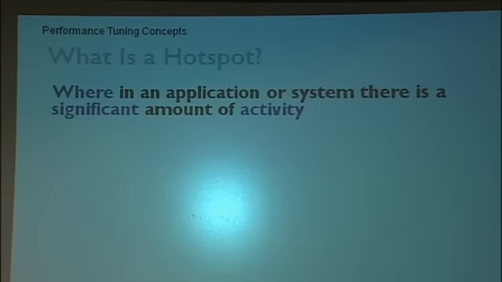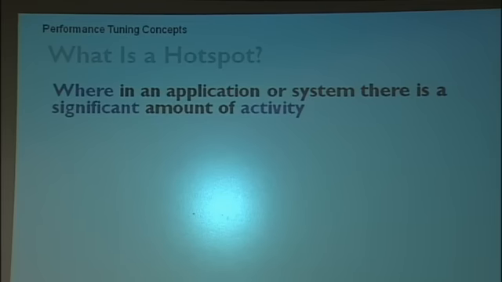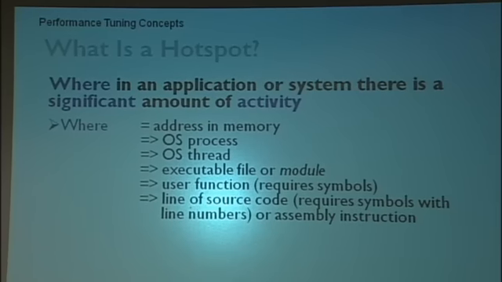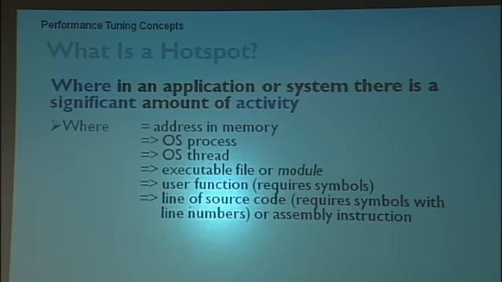Profiling is mainly to find where in an application or a system there's a significant amount of activity. And when there's a significant amount of activity, you want to know whether that activity can be avoided or whether there's a problem in there. So there are 3 issues. First, where is the significant activity? It could be anywhere. It might be at an address in memory. If you're looking at the entire system, it might be some process in the operating system, or it might be happening in one thread.